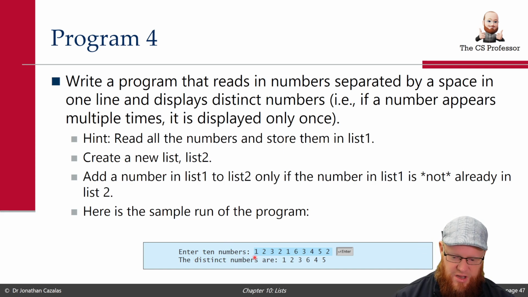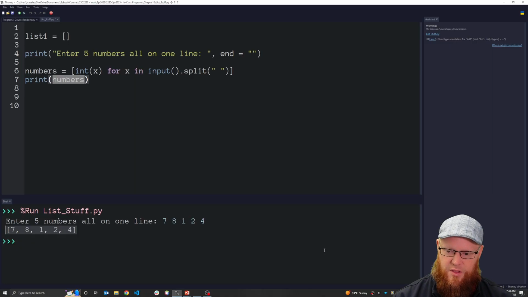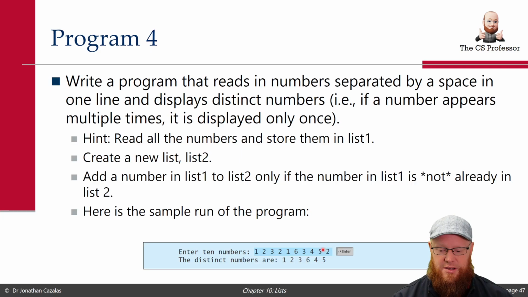Enter 10 numbers, read them all with one input, splitting it, and then integerizing it using the code that we just showed here on line 6. Now we have this list of numbers. What do we want to do with that? We really want to go over that list, and for each unique number in that list, add it to a new list, and then print those distinct numbers. Chew on that a bit.